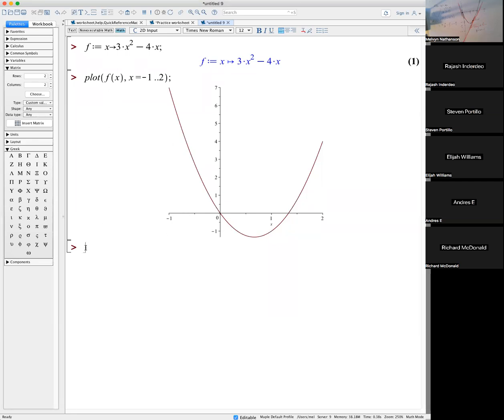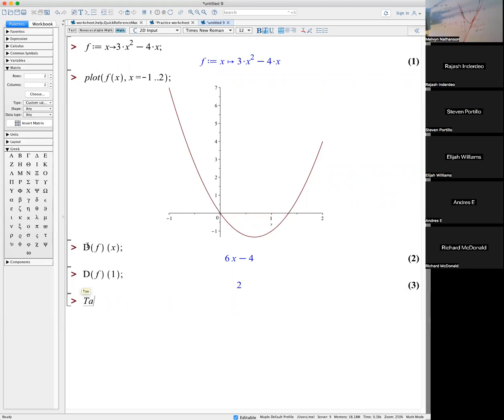What's the derivative of f? So the command in Maple for finding a derivative is just capital D of f of x. The derivative is 6x minus 4. And we're interested in the value of the derivative evaluated at 1. And that's 2. That's exactly what we saw.